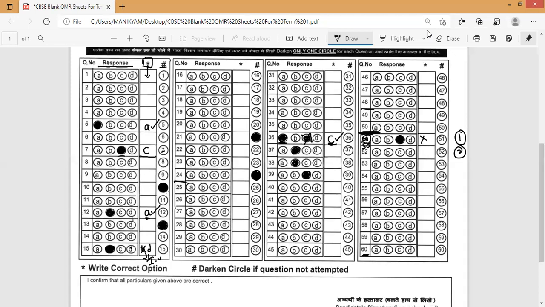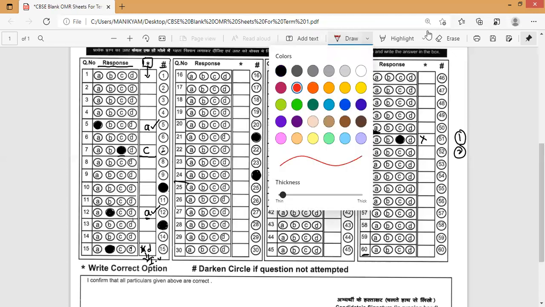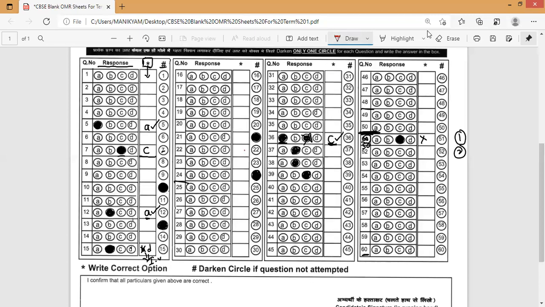Next point. These points are most important. This is the main point I am telling you: whatever you have written in this star column is the final answer, and only that is going to be evaluated in our board exam. Whatever you bubbled here is not a matter.